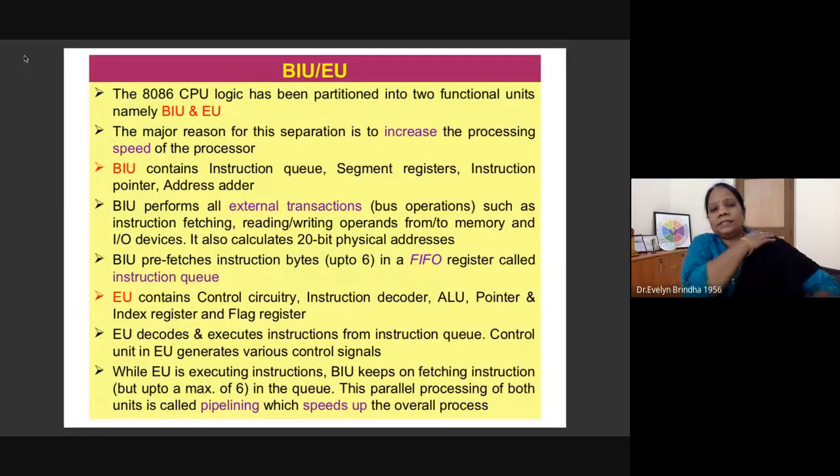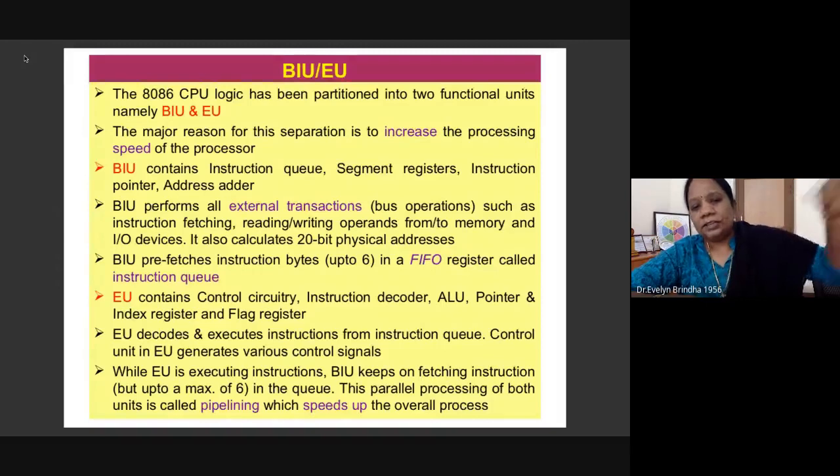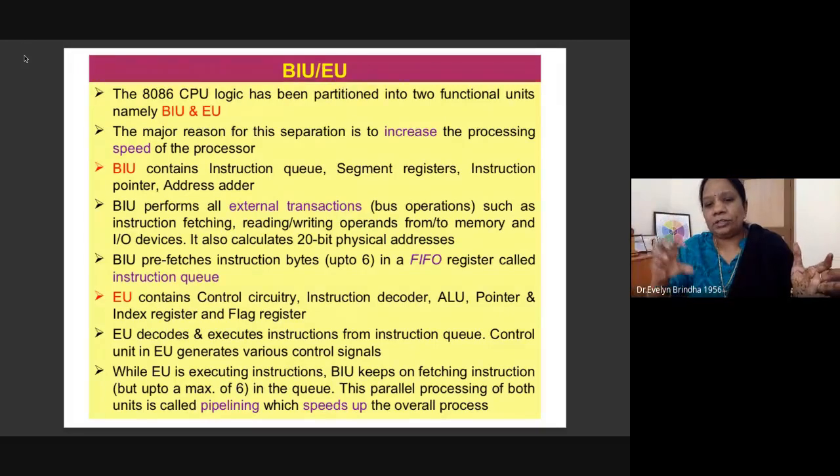So you need not wait for the execution unit to execute all the instructions. You can pre-fetch the instructions from the memory and put them in a queue. Keep them waiting. One by one, they will be taken by the execution unit, decoded and executed. So you need not wait for an instruction to be executed and then pre-fetch. Already you can fetch it. Up to 6 instructions you can fetch and load into the instruction queue.